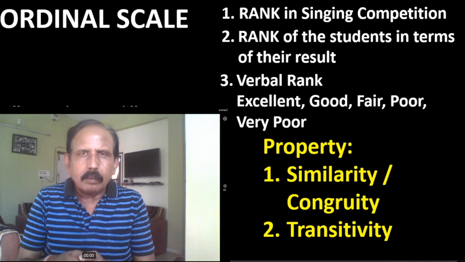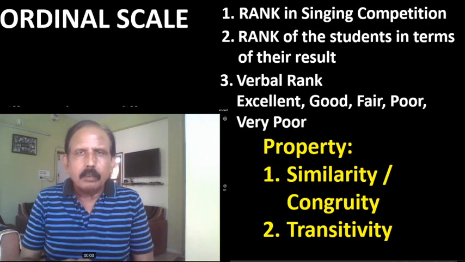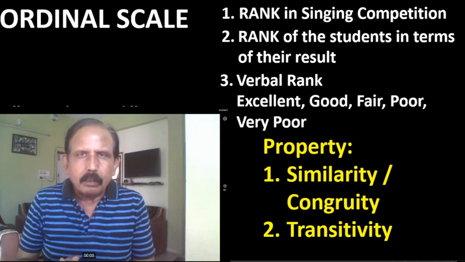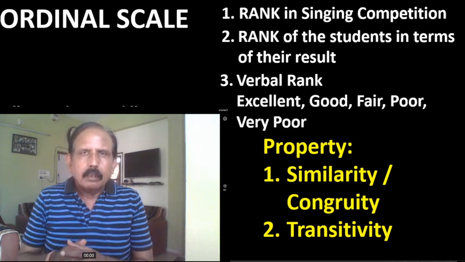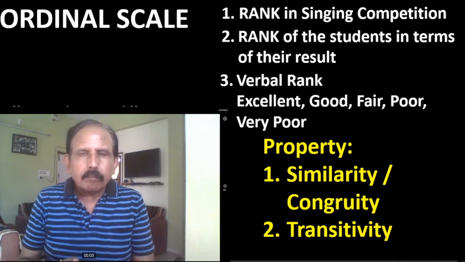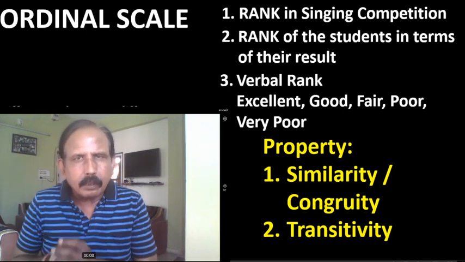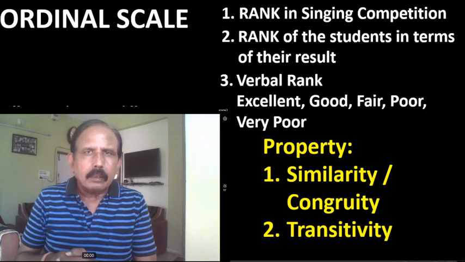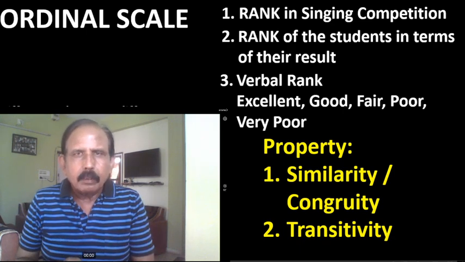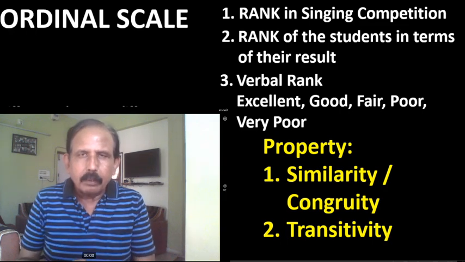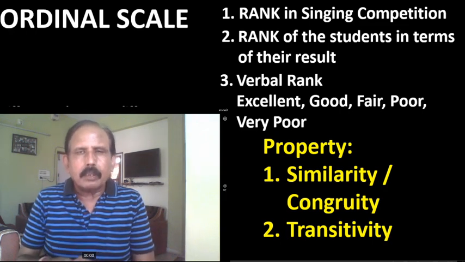Let us understand it with the help of an example. Take an example of singers. We know that the first ranker singer is singing better than the second one, and the second one is singing better than the third one. So, according to the property of transitivity, the first one is singing better than the third one.